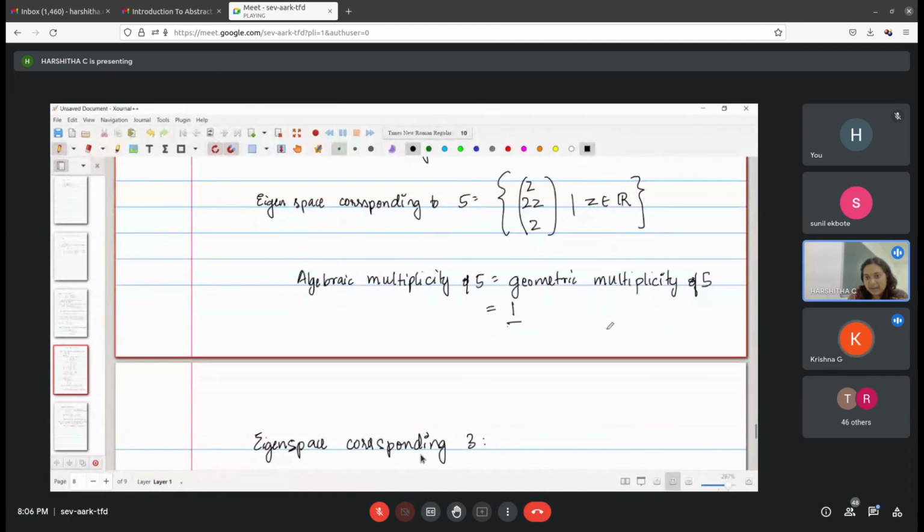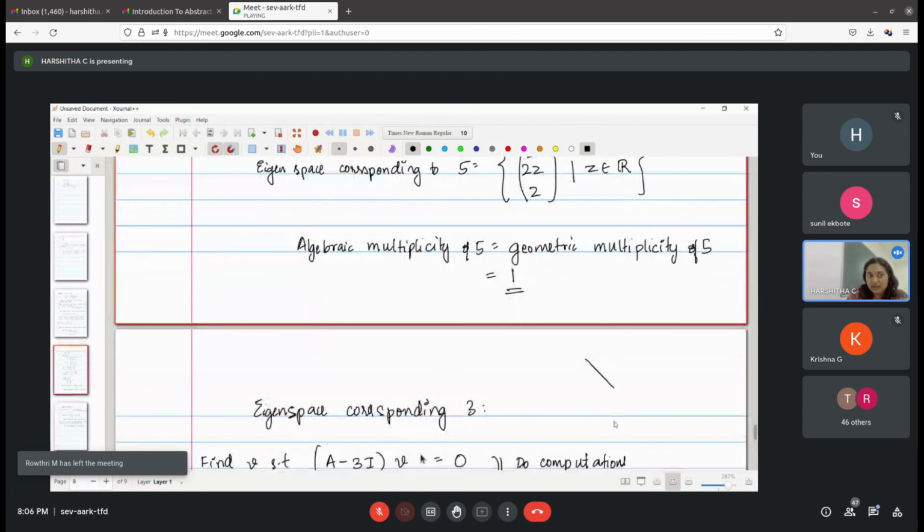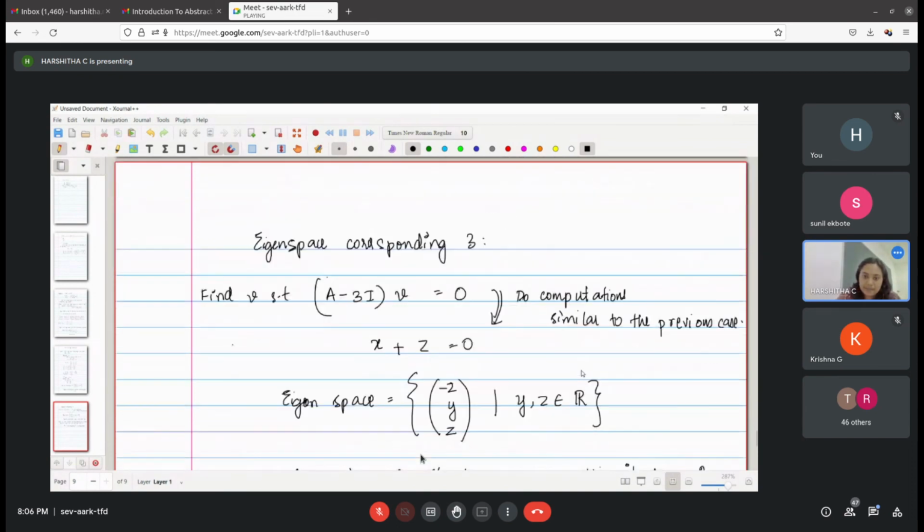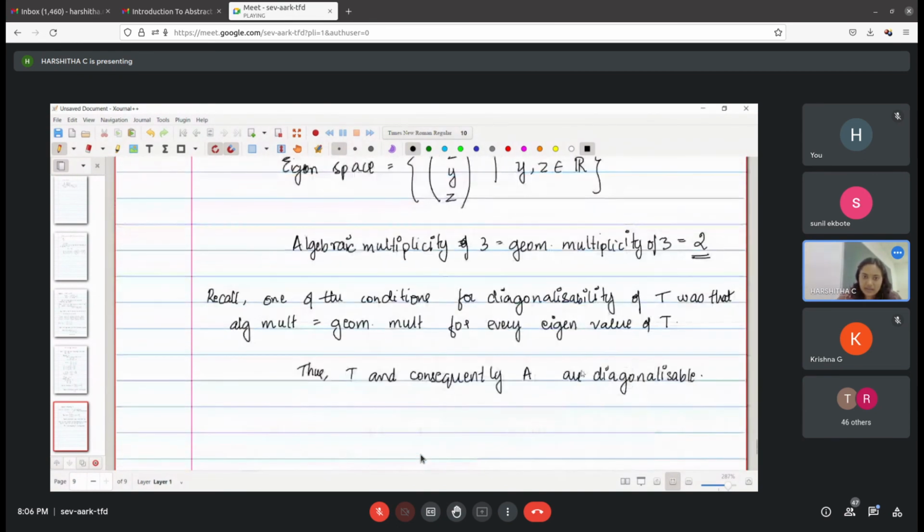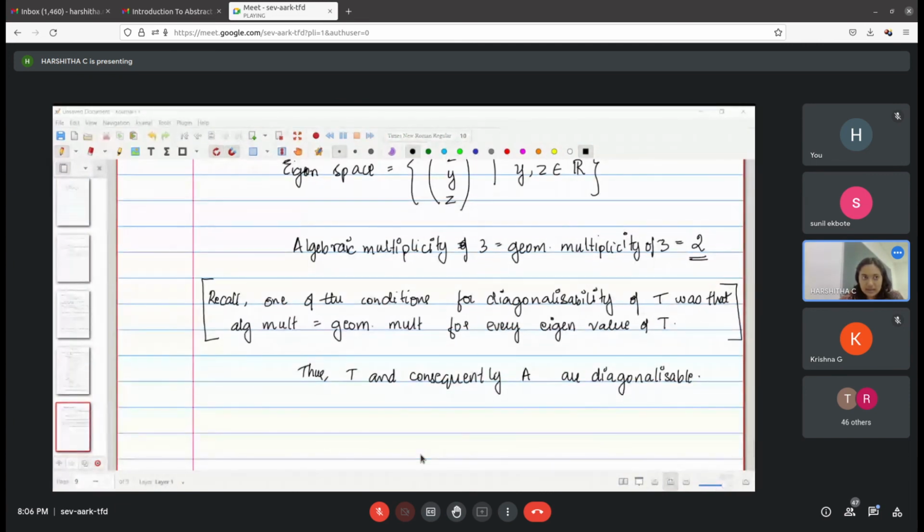Here we have one independent vector, and since this vector and these two vectors correspond to different eigenvalues, they will be independent. Sir has proved this fact in the class notes. So all of these three vectors are independent. All of this information goes into this result. I hope that answers your question.